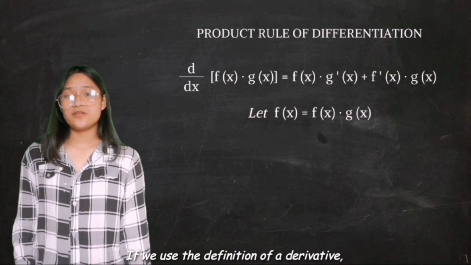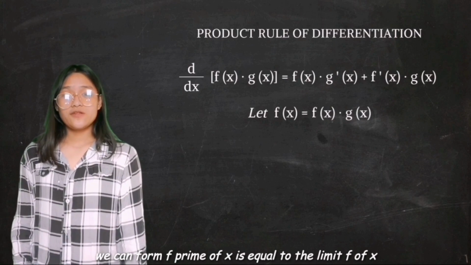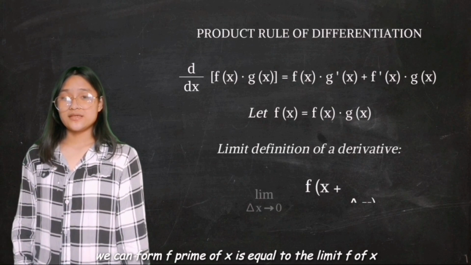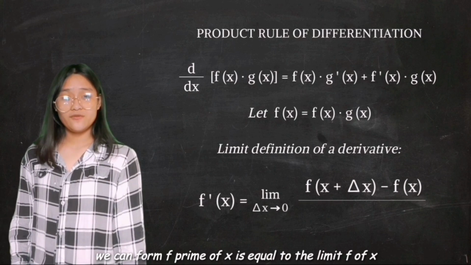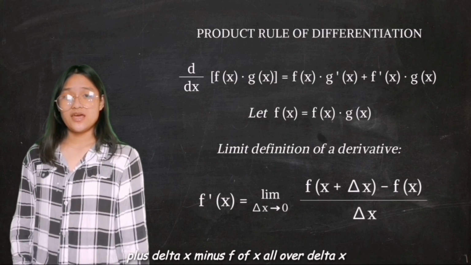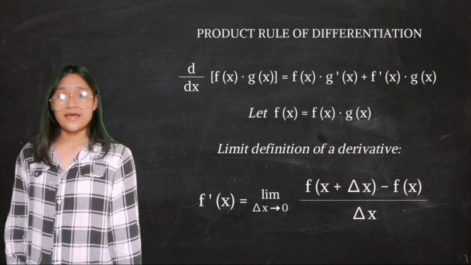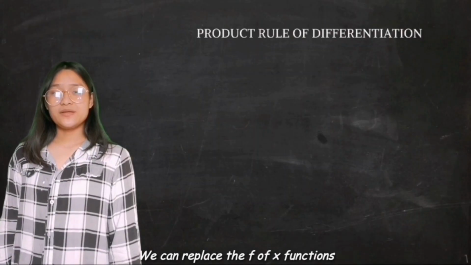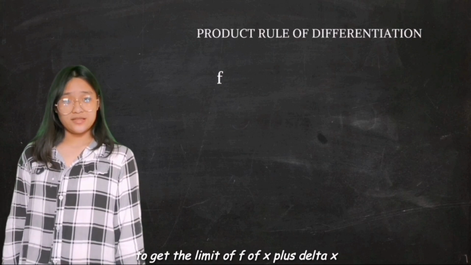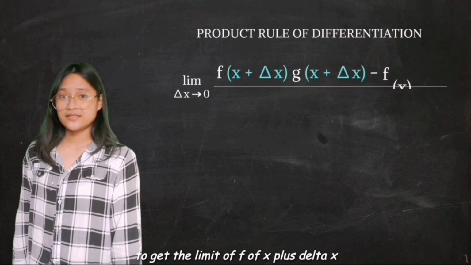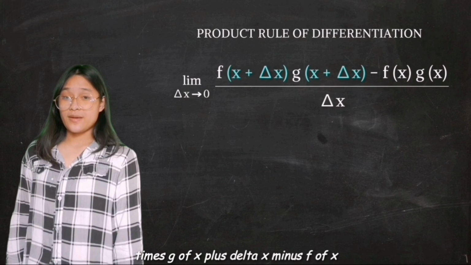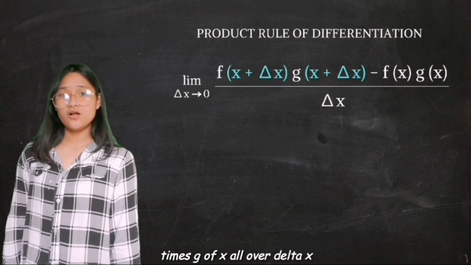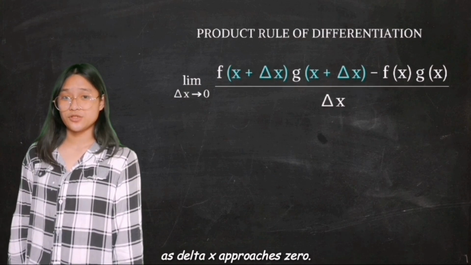If we use the definition of a derivative, we can form F prime of x equal to the limit of F of x plus delta x minus F of x all over delta x as delta x approaches 0. We can replace the F of x function to get the limit of f of x plus delta x times g of x plus delta x minus f of x times g of x all over delta x as delta x approaches 0.